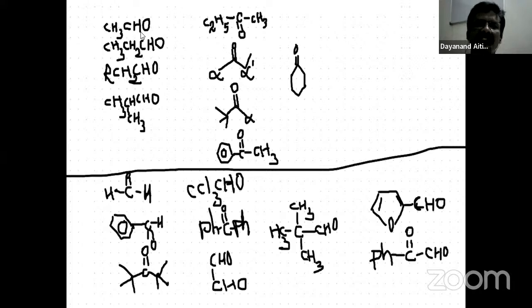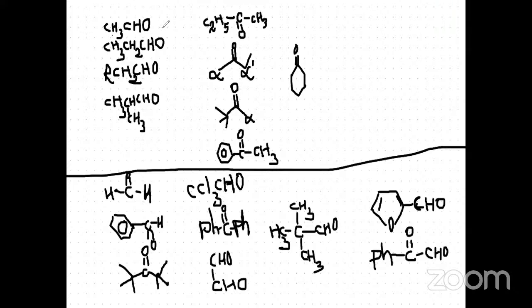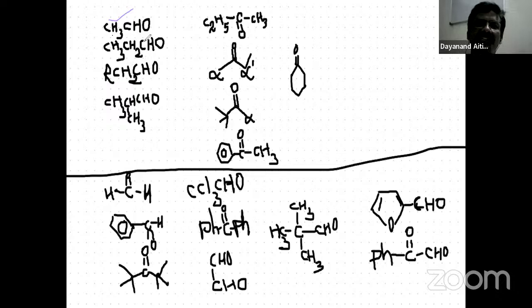Can you tell me which of these will undergo aldol condensation or not? Acetaldehyde has alpha hydrogen, therefore it will surely undergo this. This is propanaldehyde. It will also undergo because it has alpha hydrogen. All these derivatives have alpha hydrogen, therefore they will undergo this reaction.